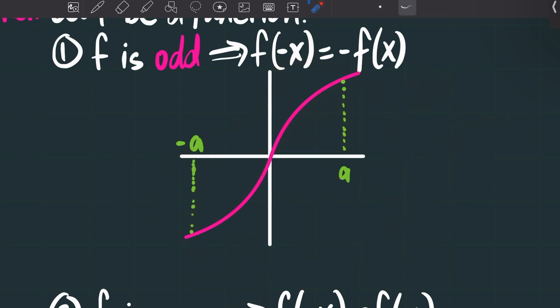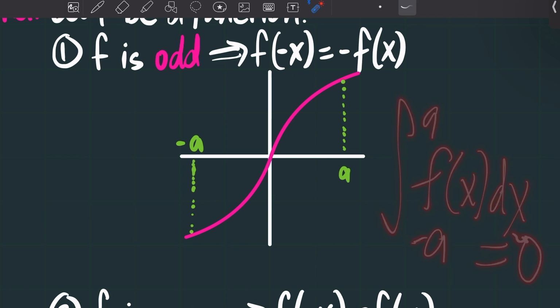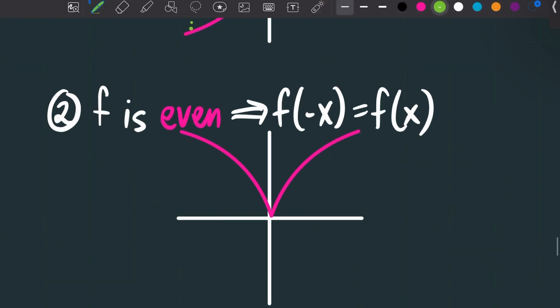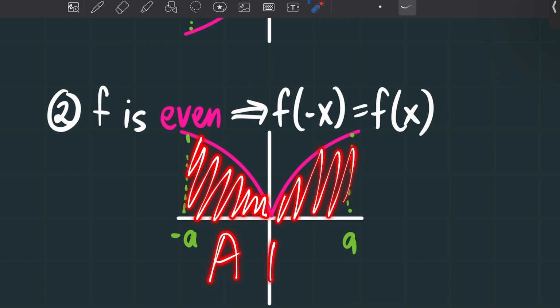So, integral ng odd functions, kapag yung endpoints niya are just negative of each other, is equal to 0. So, integral from negative a to a of f of x dx equals 0, if it's odd. If it's even, kung even siya, this is x equals a, this is x equals negative a, same thing, pareho lang tong regions na to, but since they're both above the x-axis, pinag-a-add lang natin siya.